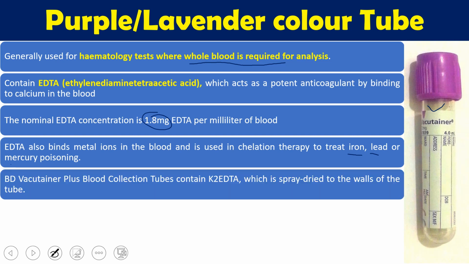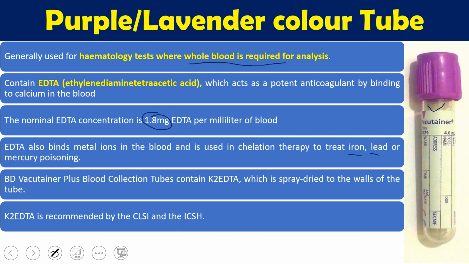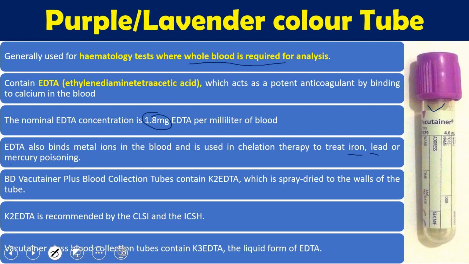BD is a company that makes Vacutainers. BD Vacutainer Plus blood collection tubes normally contain dipotassium EDTA salts, which are spray dried to the wall of the tubes. Dipotassium EDTA is normally recommended by CLSI and the ICSH.